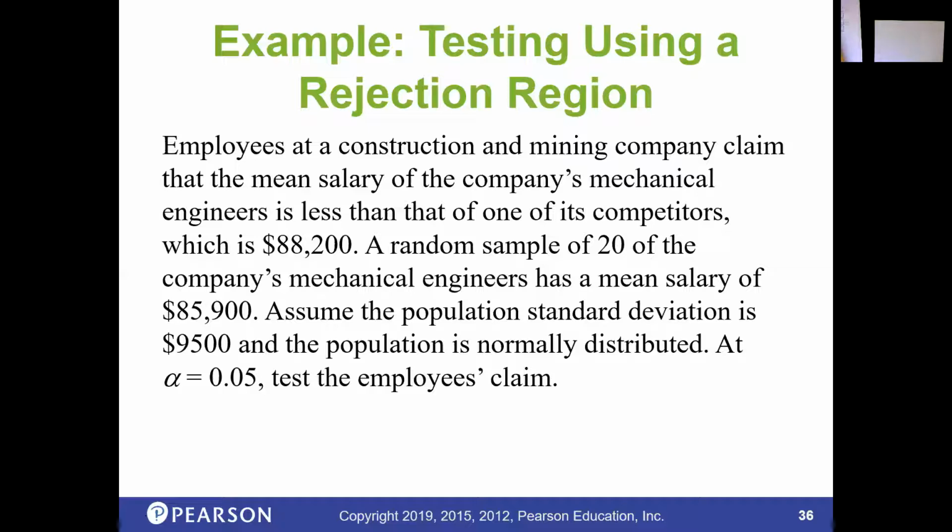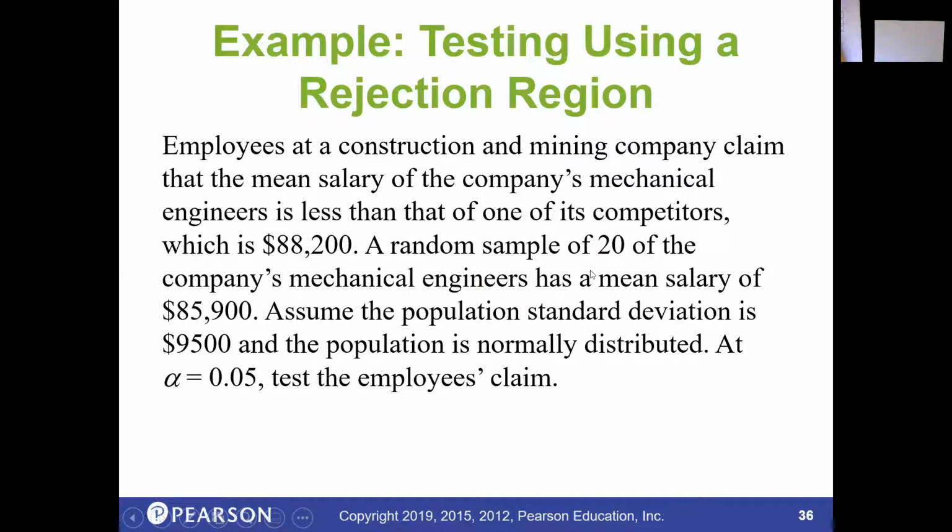So we've got these engineers here, and they work for this construction company. They claim that the mean salary of the mechanical engineers is less than that of the competitors. And the competitor is paying $88,200. So they're claiming it's less than that. So they sample 20 engineers and they have a mean salary of $85,900.